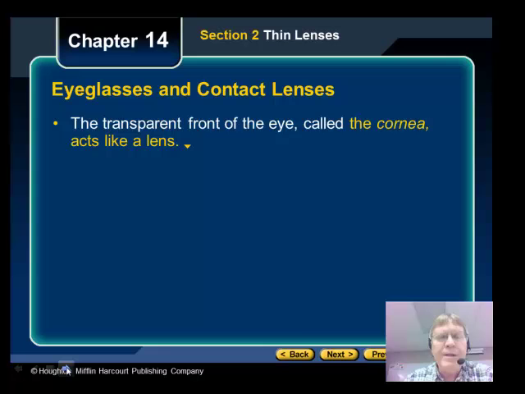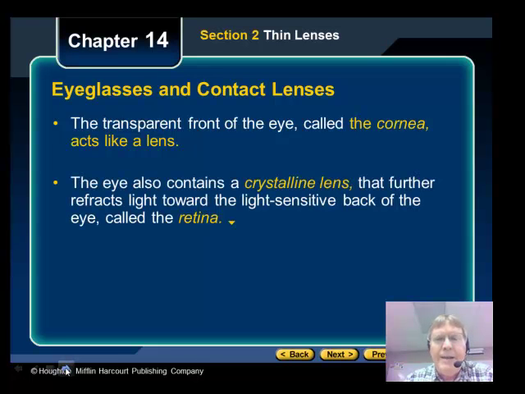All right, let's move on to eyeglasses. The front of the eye, the cornea, acts a little bit like a lens, and then behind that you also have a crystalline lens that refracts the light towards the retina, which is the light-sensitive part of the eye. The lens in the eye is really something that we haven't been able to replicate yet.